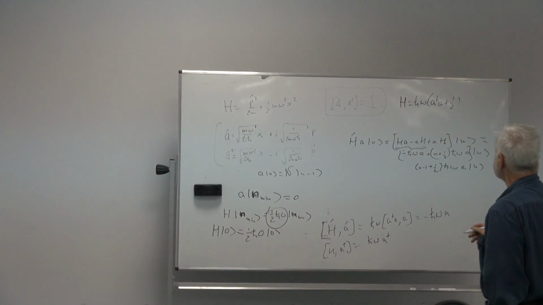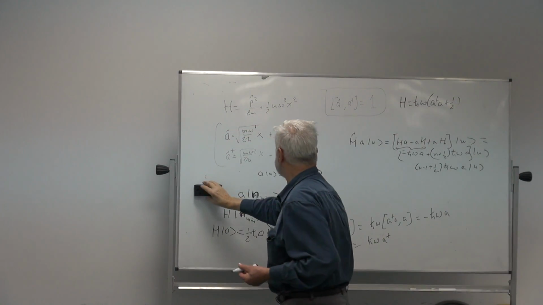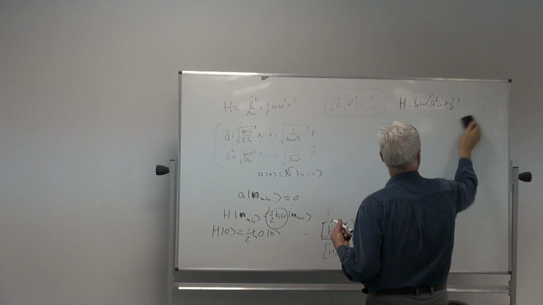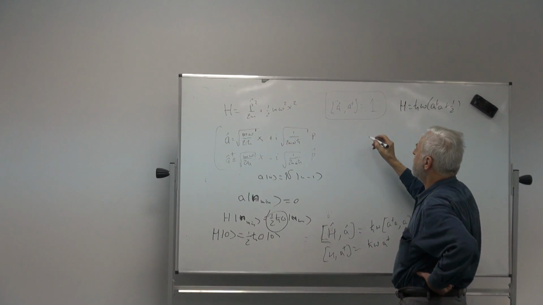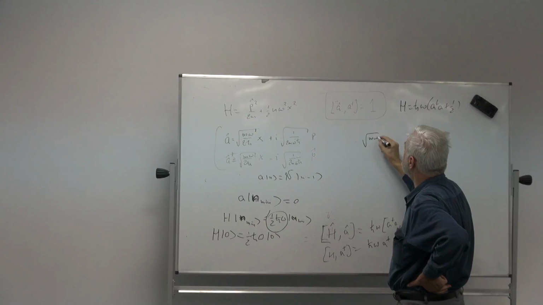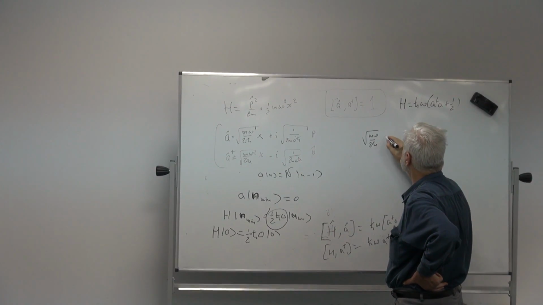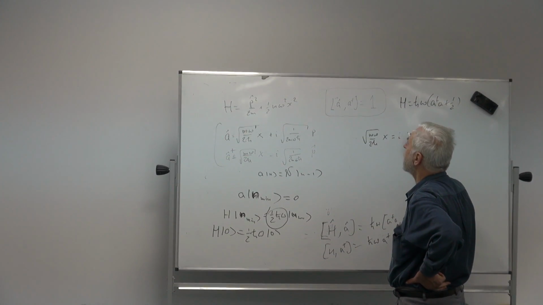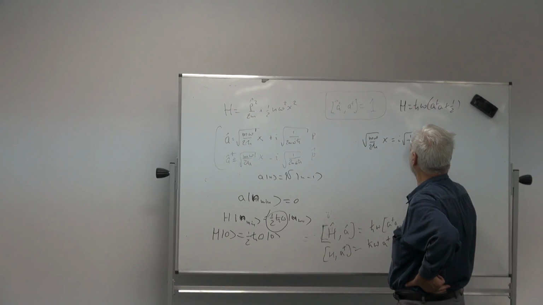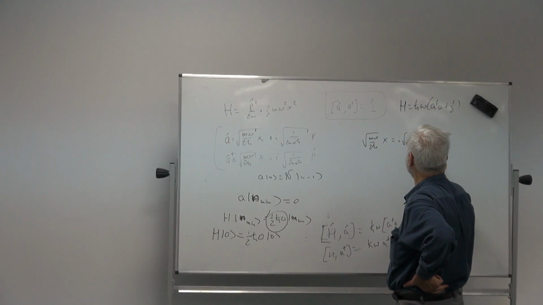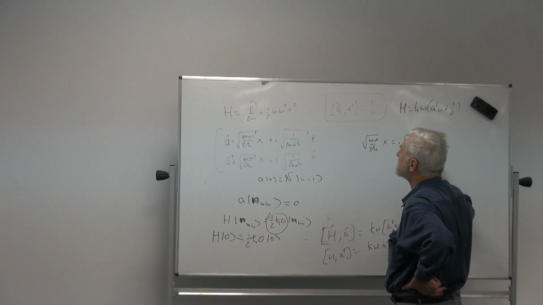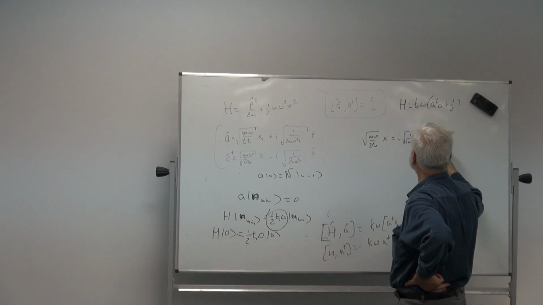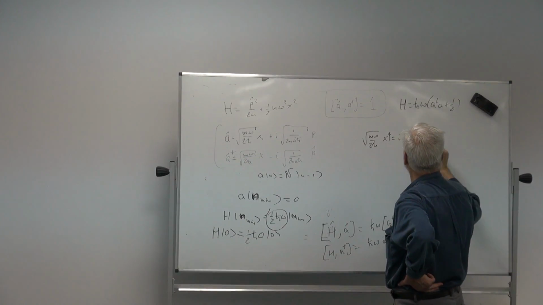So the ground state wave function satisfies the following differential equation: m omega divided by 2 h bar times x equals minus i times 1 over 2 m omega h bar times h bar over i times d psi by dx.